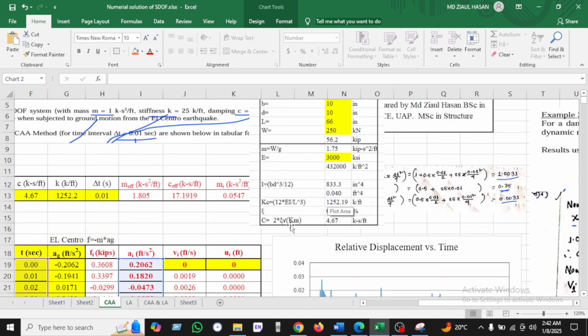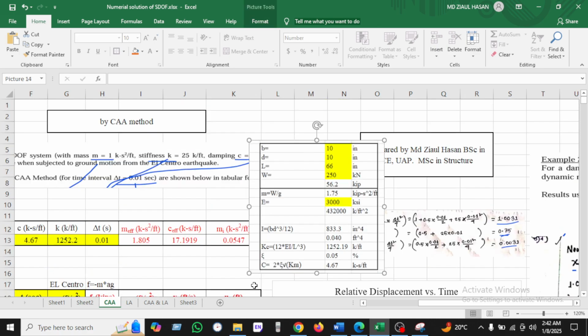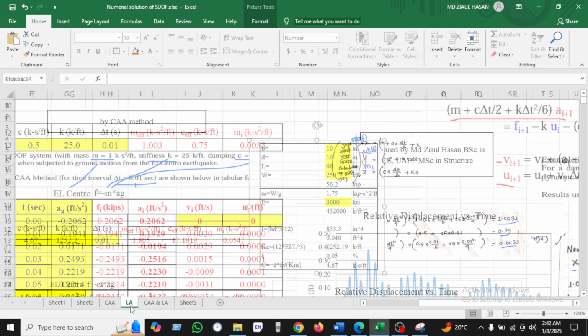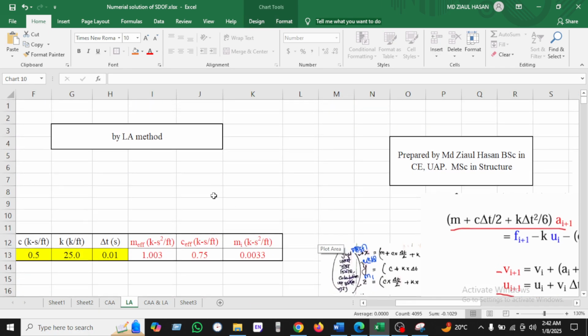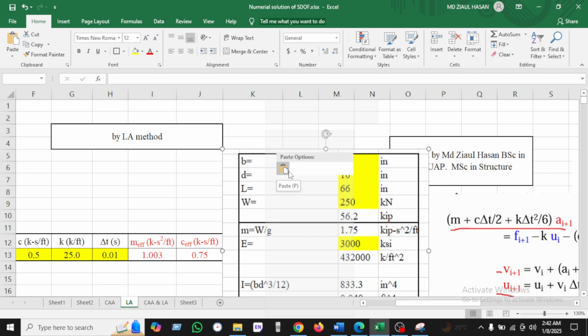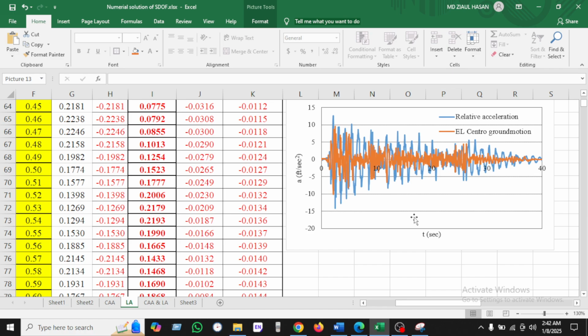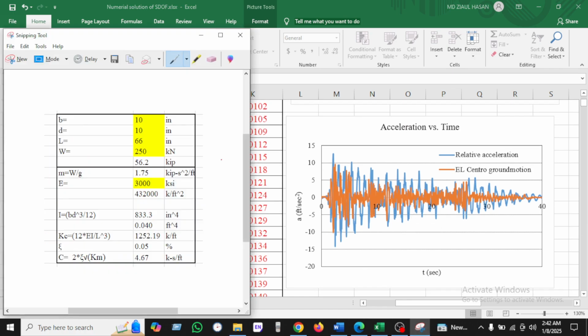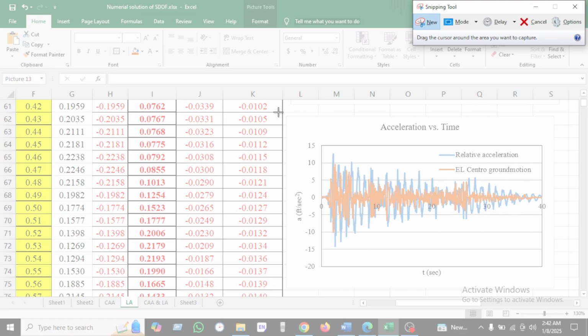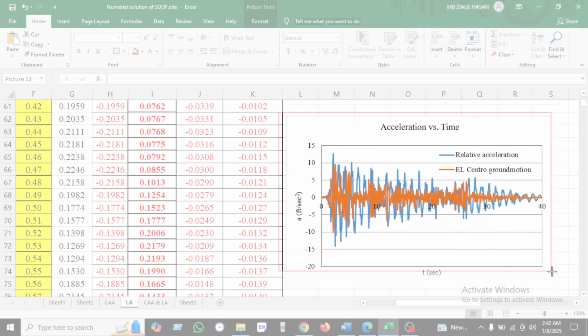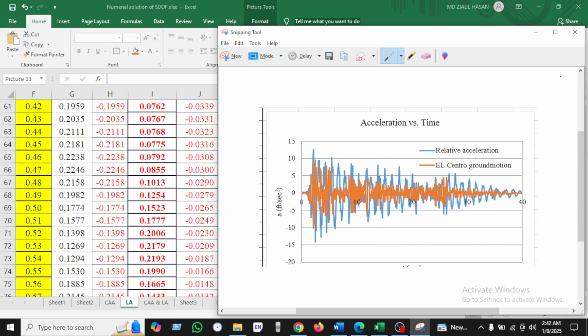So if we use this again on the linear acceleration method, I'm just putting it here. What measure will be changed? I'm just taking a snap that I will show how much data have changed.